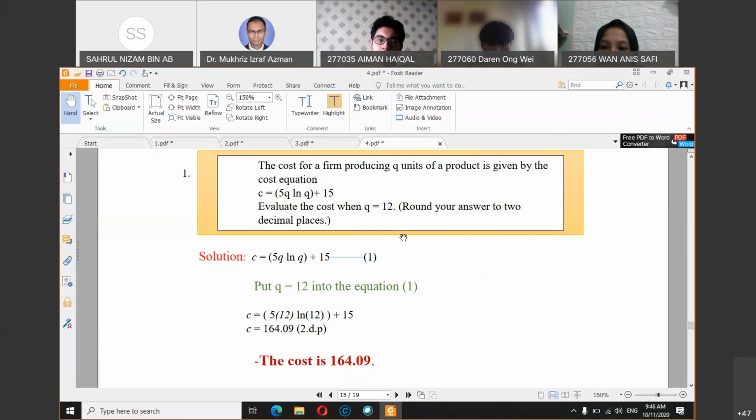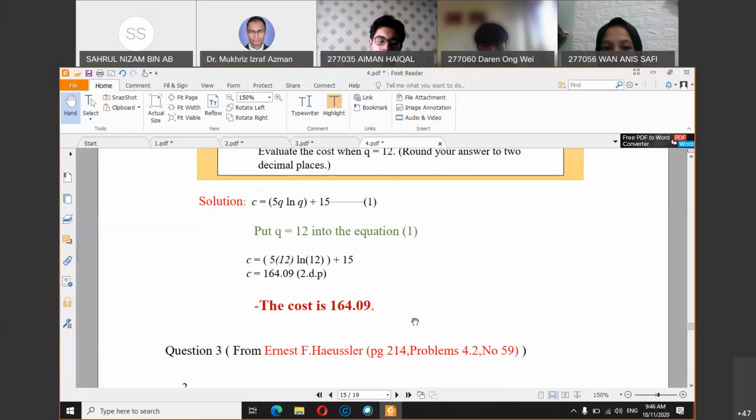I think this one is just using your calculator, pressing the right buttons. There is nothing complicated about this. So 5 times 12, multiplied by ln 12, plus 15. It's a very straightforward solution.